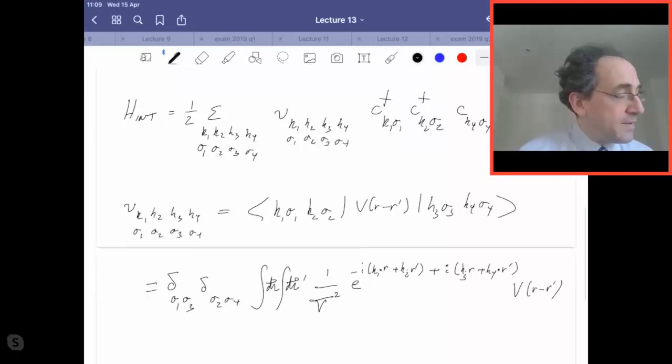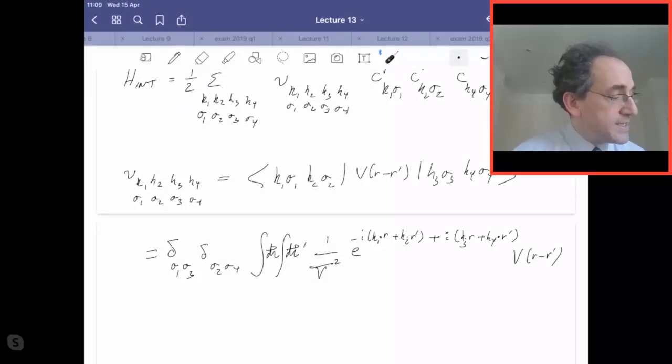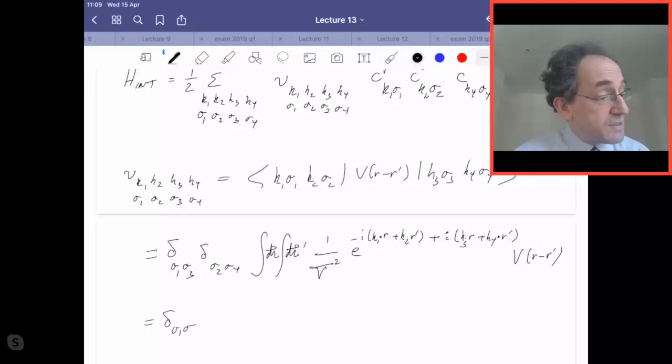Now because this is a translationally invariant system, the Fourier transform simplifies quite a bit. We can write it in the following way. This matrix element just ends up being a Fourier transform since we're working with plane waves k1, k2, k3, and k4. So we have delta sigma 1 sigma 3, the same delta sigma 2 sigma 4, 1 over the volume of the system.